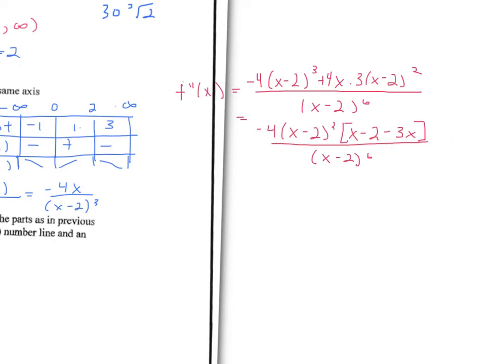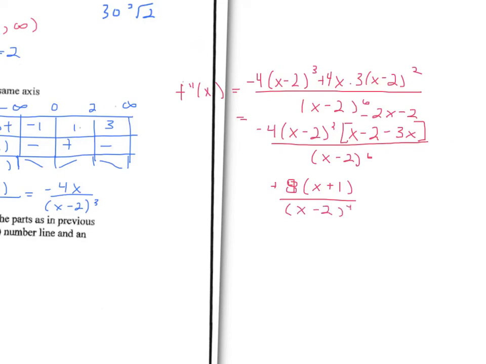And so then we can cancel the x minus 2 squared with the x minus 2 to the 6. So we'll have a negative 4 and a negative 2x minus 2. So I'll just factor out that negative 2x. So we'll say this is a positive 8, and this is just an x plus what? Double check that, make sure I did that right. Yep. And that's all over an x minus 2 to the 4th.